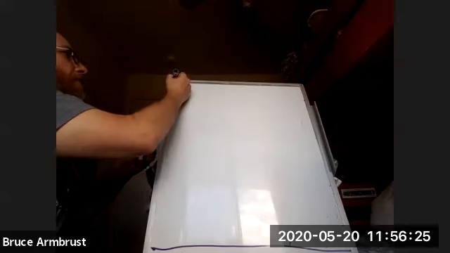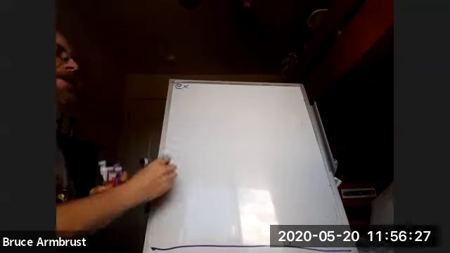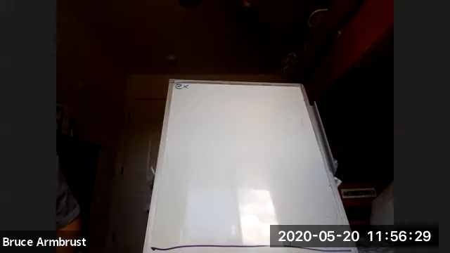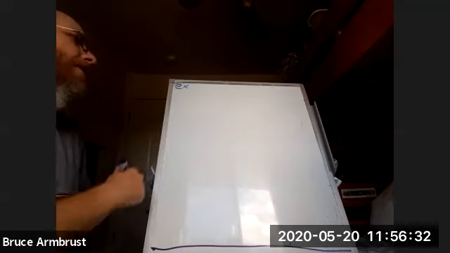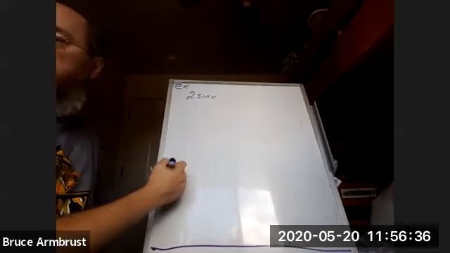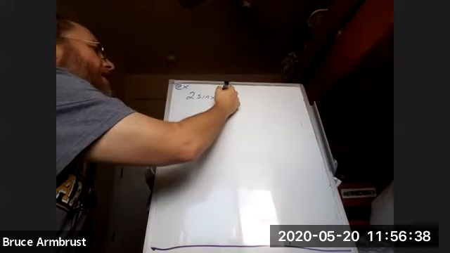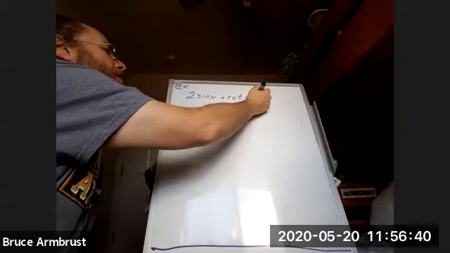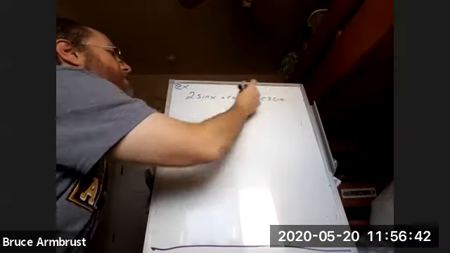But I'm going to start with one where we're going to change it so that everything is just in terms of one trig function. So let's look at this, where we have 2 sine of x plus cotangent of x is equal to cosecant of x.